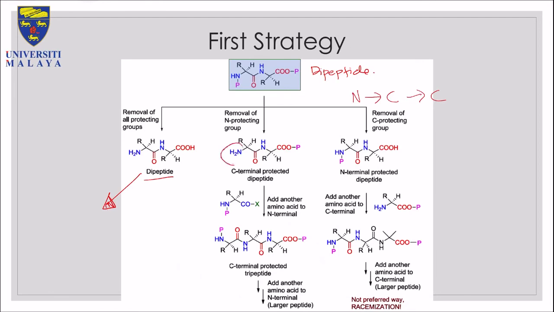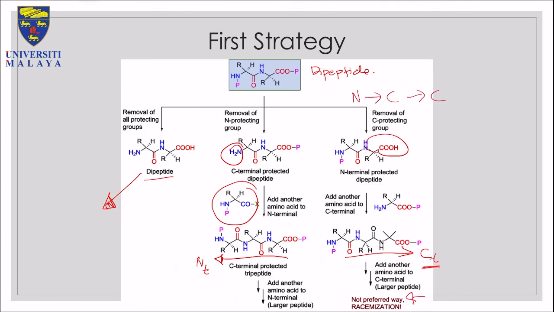If you just remove the N protecting group, you can couple another amino acid and grow the peptide at the N terminal. In contrast, if you remove the protecting group on the C terminal, you will grow the peptide towards the carboxyl terminal. However, growing peptides on the C terminal is not favorable because it might introduce racemization.